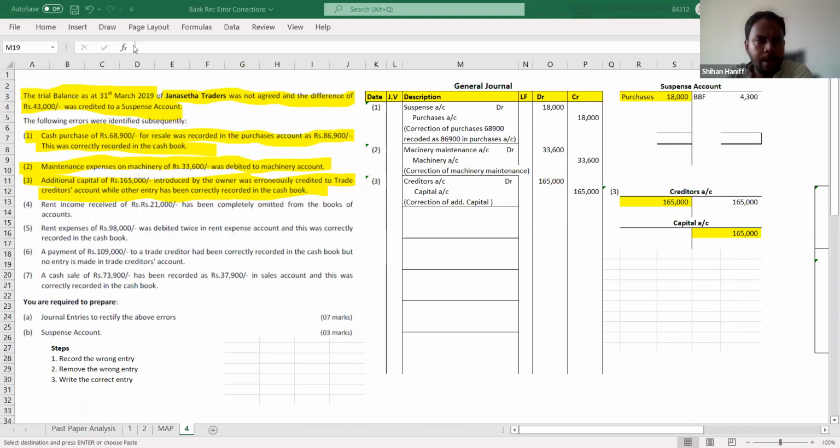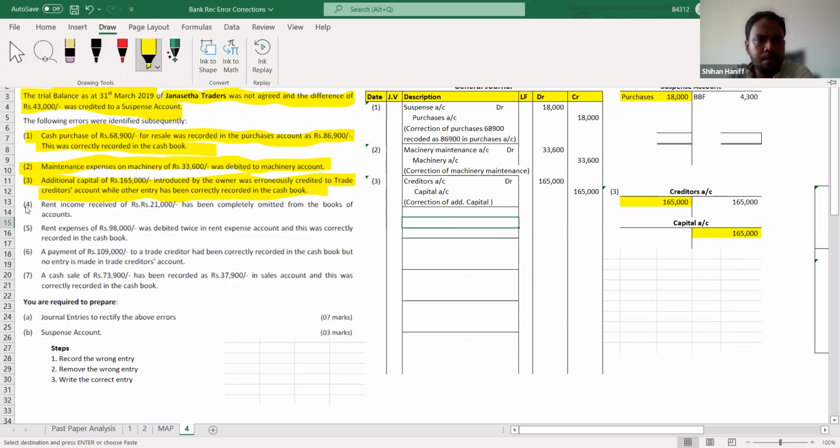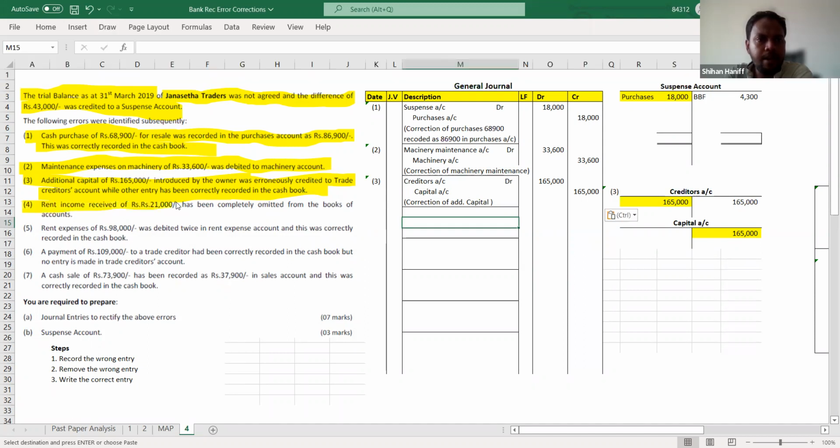Okay. So next. Number 4, rent income received 21,000 has been completely omitted from the books of accounts. Rent income completely omitted. Then how do you record it?